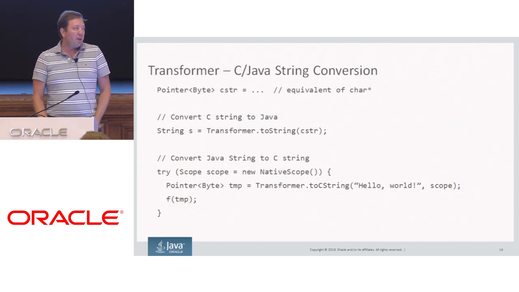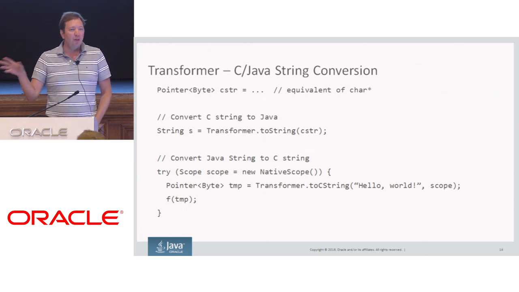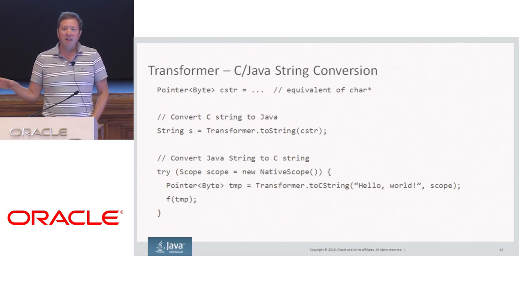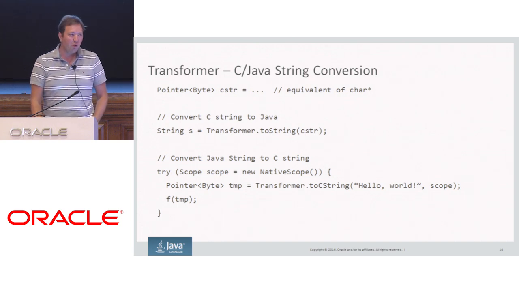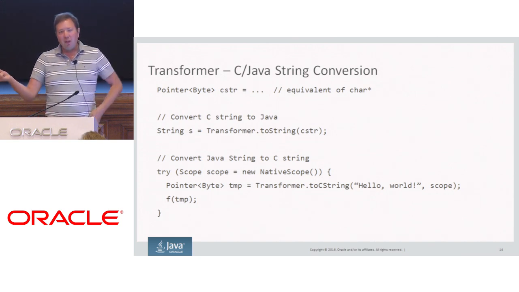I'll quickly also mention that we're going to have to work on various helper methods for converting between native and carrier types. And one of the ones we already have is something called a transformer, which does C or native strings to Java strings and back and forth. So converting a C string to a Java string is easy.